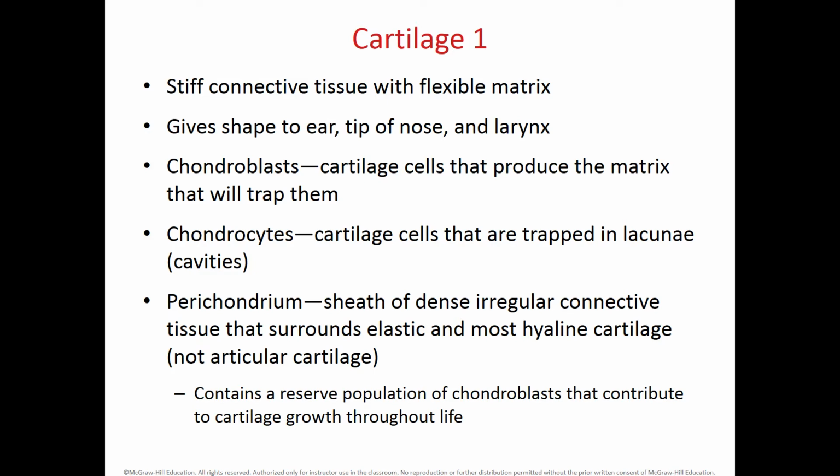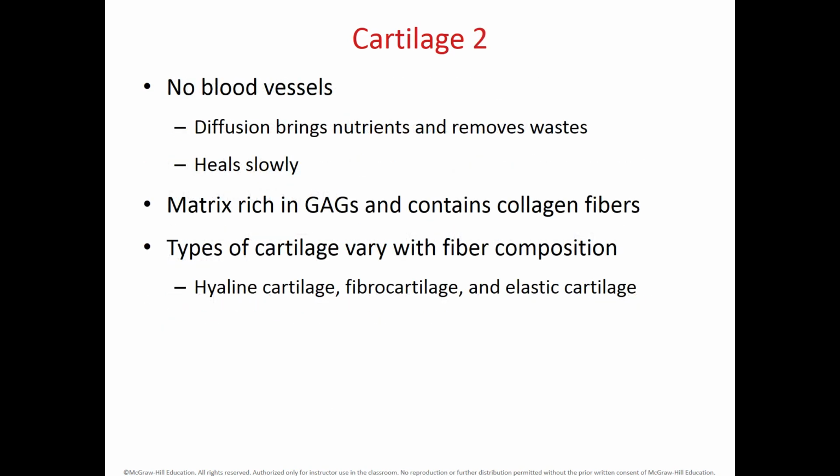The perichondrium contains a reserve population of chondroblasts that contributes to cartilage growth throughout life. A characteristic of the cartilage is that it is avascular, so it doesn't have blood vessels. The cartilage cells get their nutrients by diffusion from the surrounding tissues, and these surrounding cells also help to remove waste.